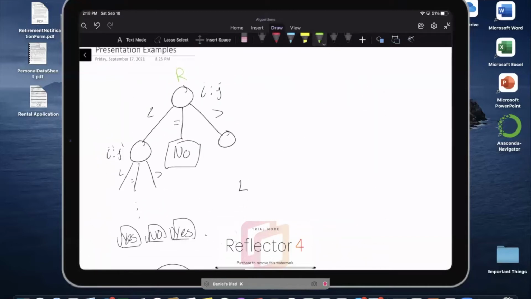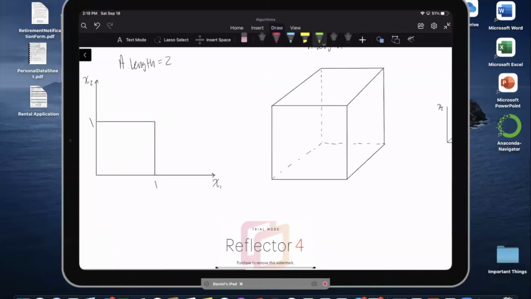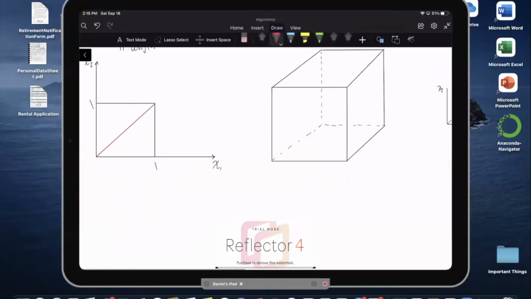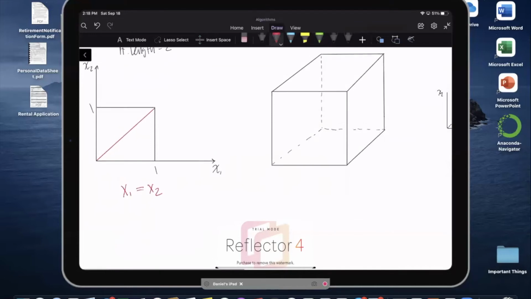Then as we follow a path down, we reach this node, which is the greater than node, right? What is that doing? Well, that's effectively shrinking our region, and we can visualize this. This red line is the instance where x1 is equal to x2, which would imply that our answer is equal to no, right?